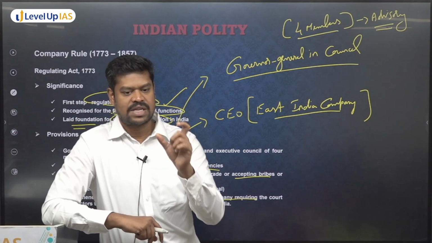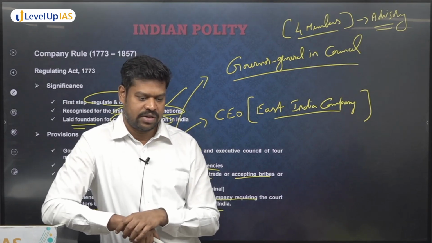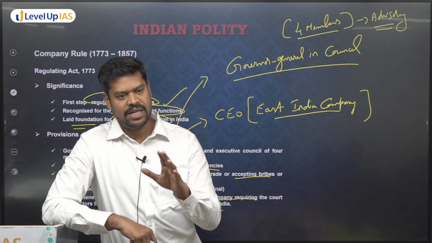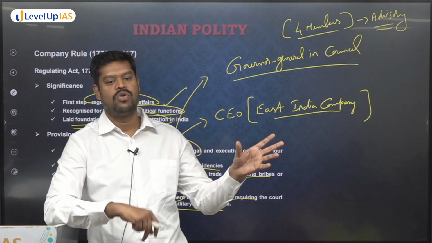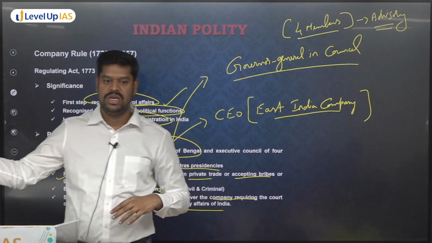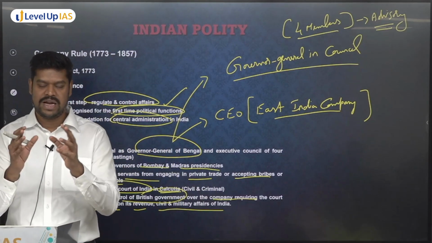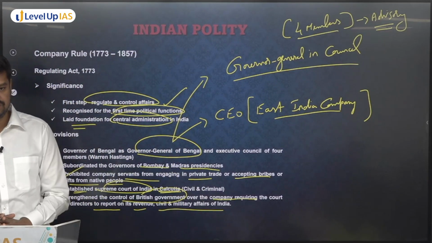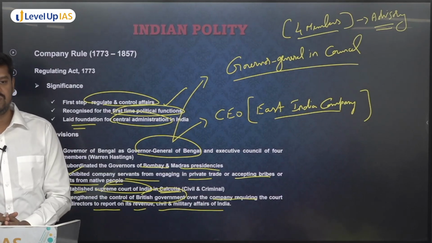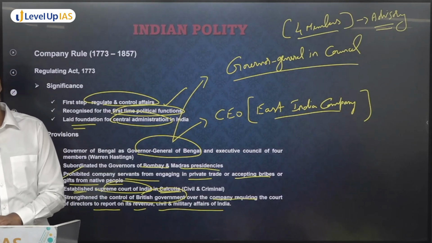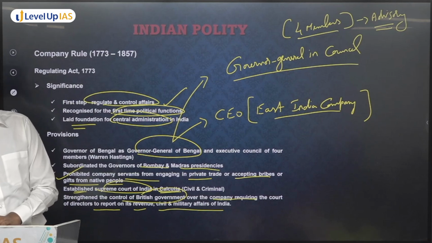As the name suggests, Act of Settlement. Why is it called the Act of Settlement? Basically, they wanted to settle the dispute between the Supreme Court of India and the Governor General in Council. They had some conflict in terms of their powers, and that was brought to an end by amending the Regulating Act of 1773, which came to be called the Act of Settlement.